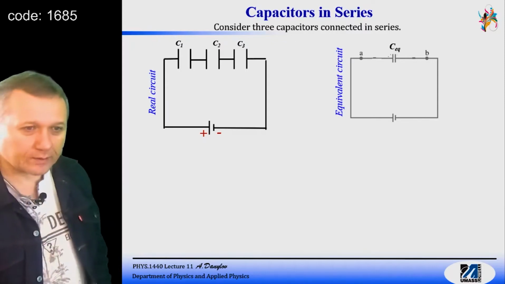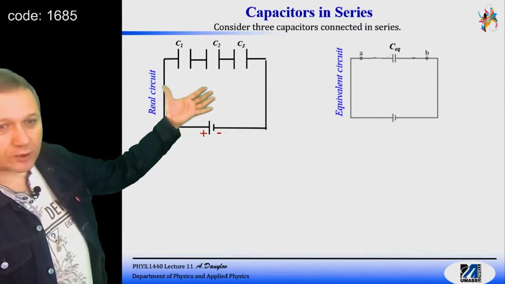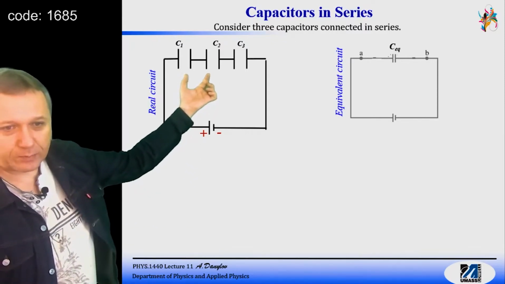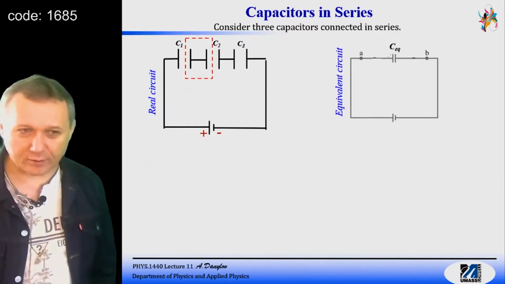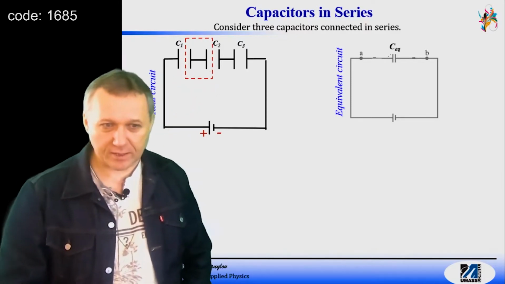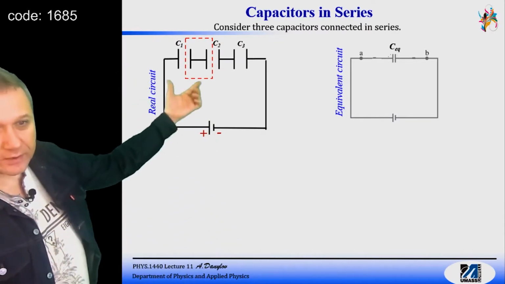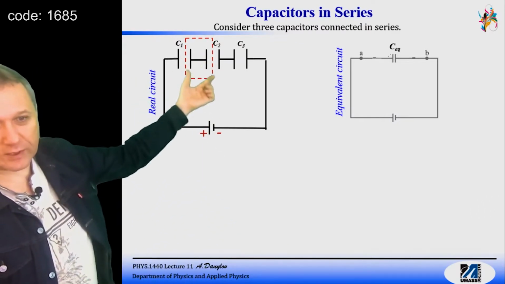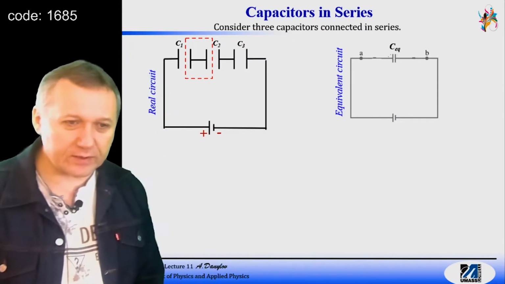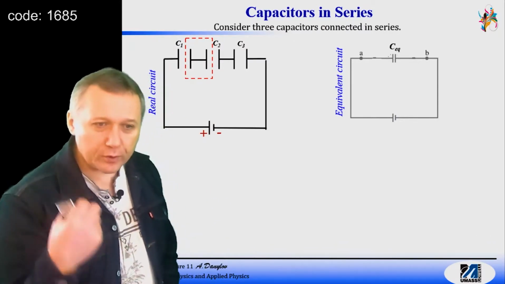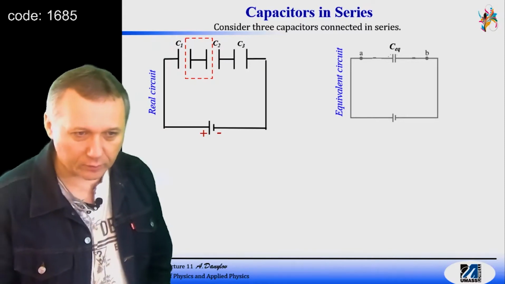In order to do that, let's just look carefully at this part of the circuit. You see this reddish rectangular, this dashed red line. Let's look at this part of the circuit, which looks like a capital H, right? What can we say about this part of the circuit from the point of view of an electron or electrons?